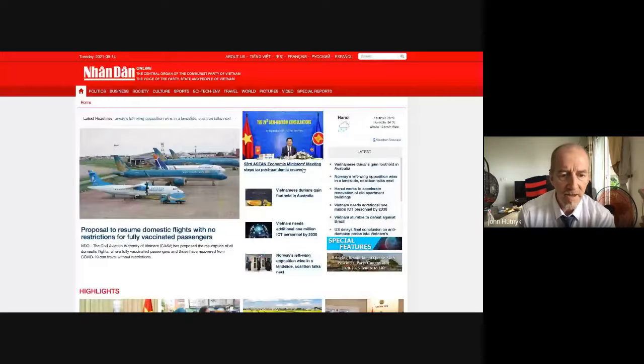Okay, here's the front page of today's paper, and you see it's in 3 columns still, or 4 columns actually, because one photograph goes across 2 columns. The photograph there of the planes, the proposal to resume domestic flights with no restriction on fully vaccinated passengers. Yay! I'll show you my fully vaccinated status and get on a plane.